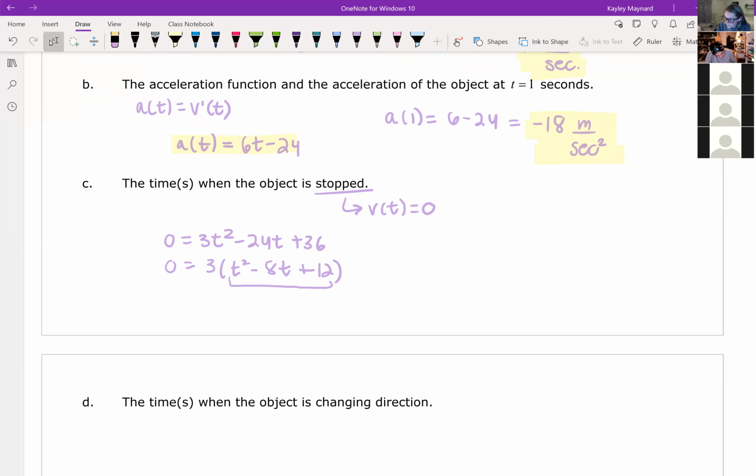So I'm going to factor this. So let's see. We need something that multiplies to 12 and adds to negative 8. So negative 6 and negative 2. So t minus 2 and t minus 6. Okay, well, this equals 0 if either this piece is 0 or this piece is 0. So that means it's where t is equal to 2 and 6 seconds.